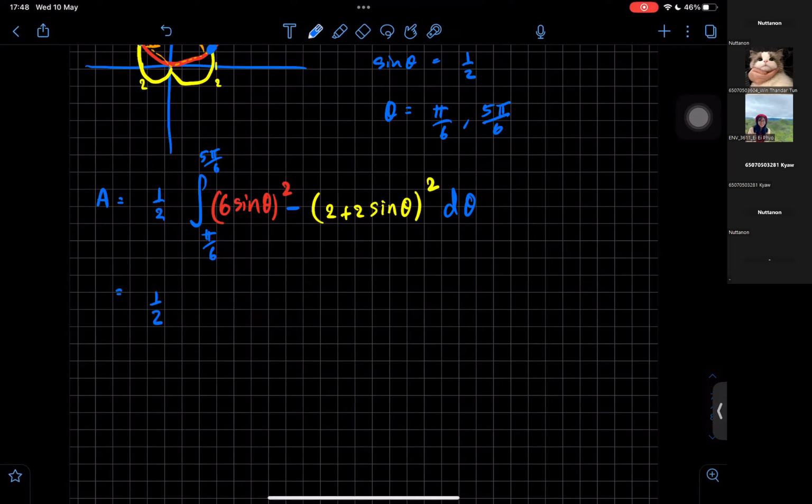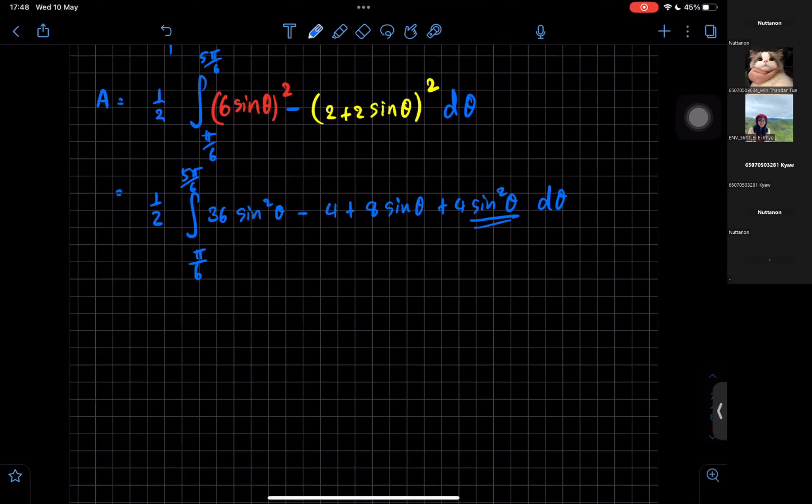So I just do, from pi over 6 to 5 pi over 6, this thing will be 36 sine squared, right? Minus, this thing will be 4 plus 8 sine theta plus 4 sine squared theta, d theta. Like this, and then you do the calculation.